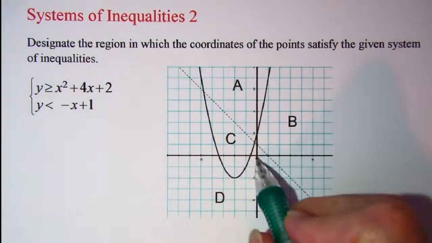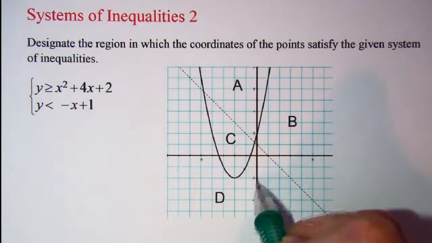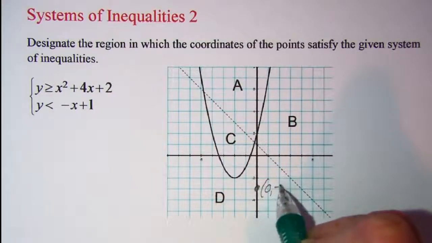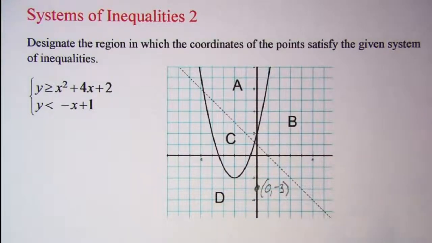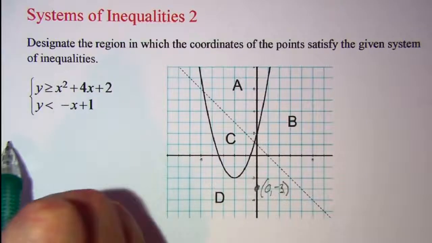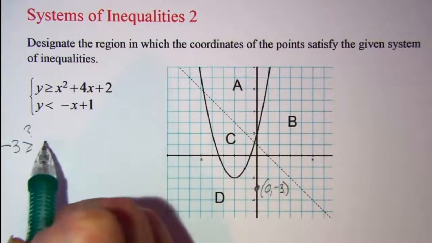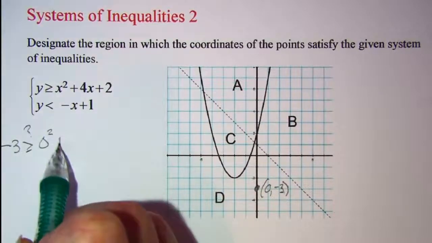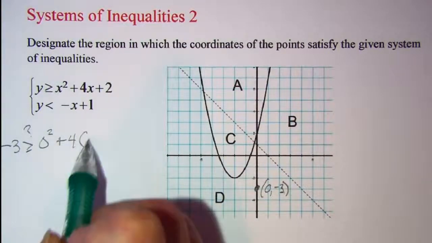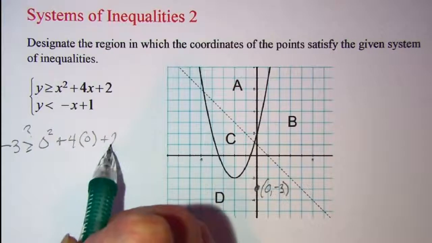So let's pick 0, negative 3. And then I'm going to check to see if it works. My y value is negative 3. So I have negative 3 is greater than or equal to 0 squared plus 4 times 0 plus 2.